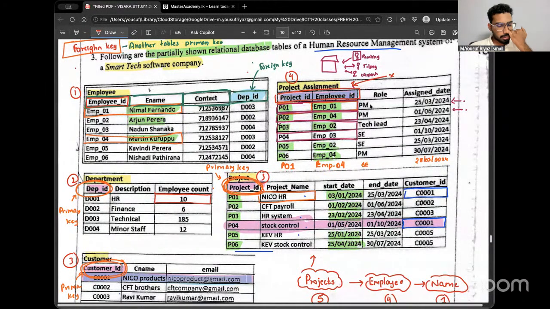Let's say, for example, employee 1 is working as PA. So you come and modify SC here. There is no change. But wouldn't it repeat? No, it won't repeat. Why would it repeat? How would it repeat?